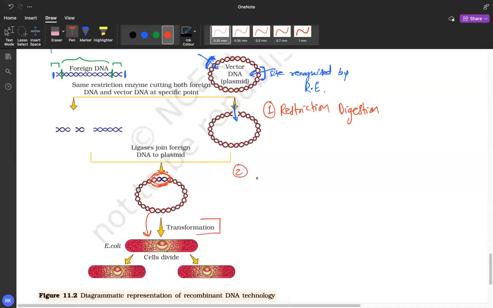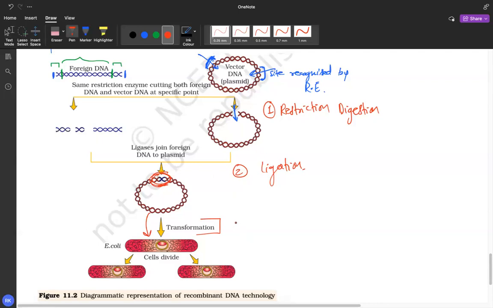This is called ligation, which is joining the gene of interest or the foreign DNA. When I say foreign, the word foreign is from the perspective of the plasmid. Make sense? So for the plasmid, it is something which is not its part. It's a foreign material, alien DNA.